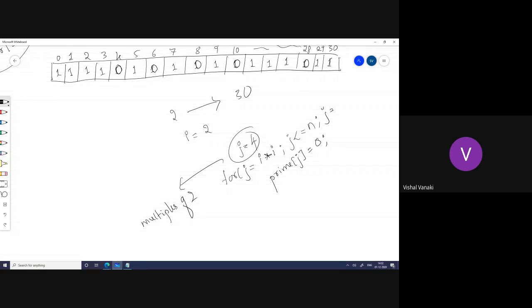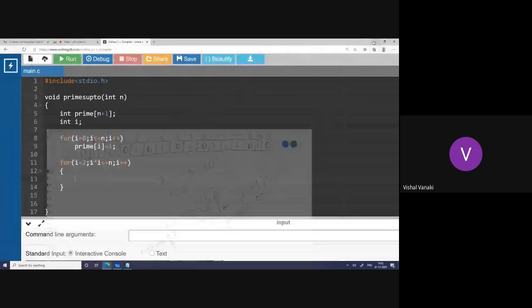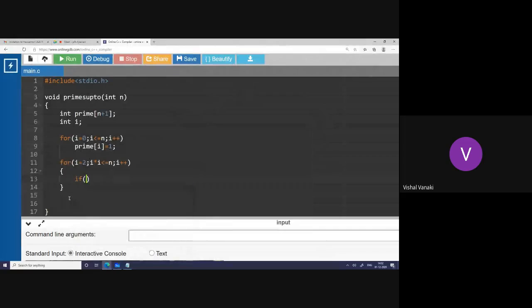The index numbers which are multiples of 2, all of those index elements are made 0, right? Before doing that, I will check if prime of I is equal to 1, then only proceed for removing.